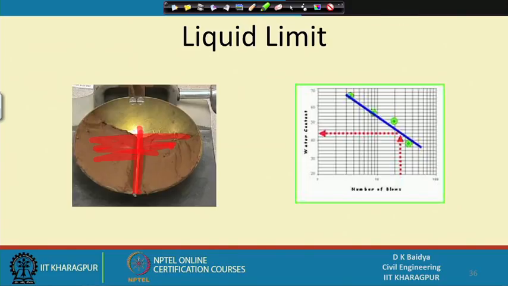The third measurement is to take a sample from here and collect it for water content determination. Finally, you get the number of blows corresponding to the water content.